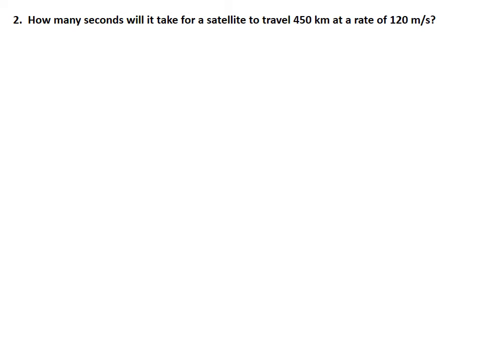On problem 2, it says how many seconds will it take for a satellite to travel 456 kilometers at a rate of 120 meters per second. So the problem is asking us to solve for time. Time is equal to distance divided by speed. Now here's going to be some problems in here.